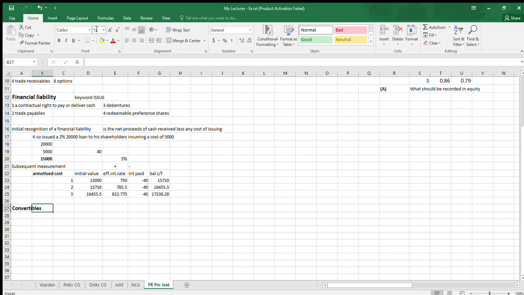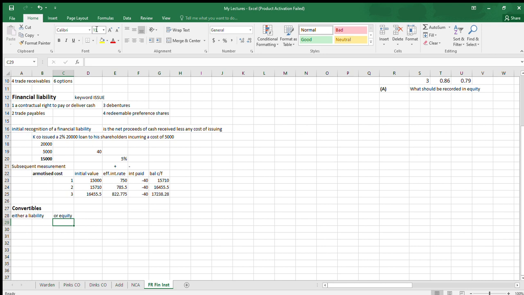It can be converted to either a liability, not asset, or equity, not asset, either a liability or equity.